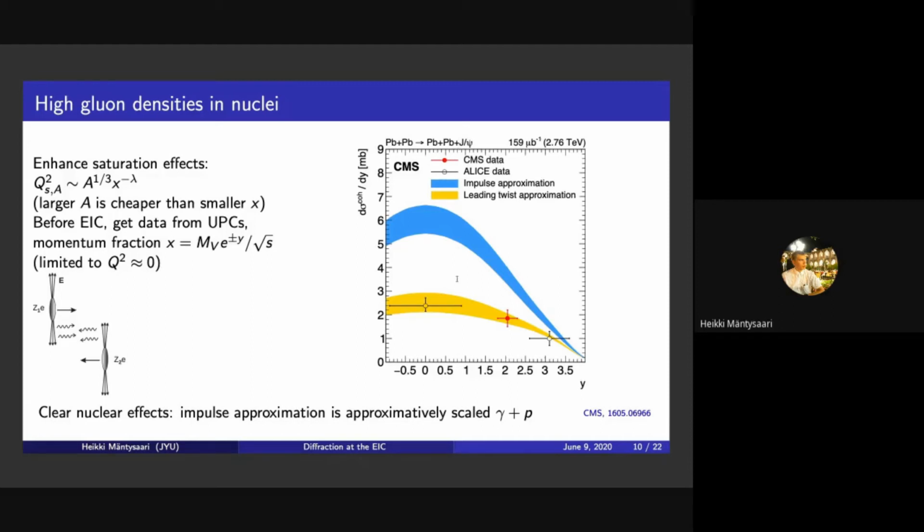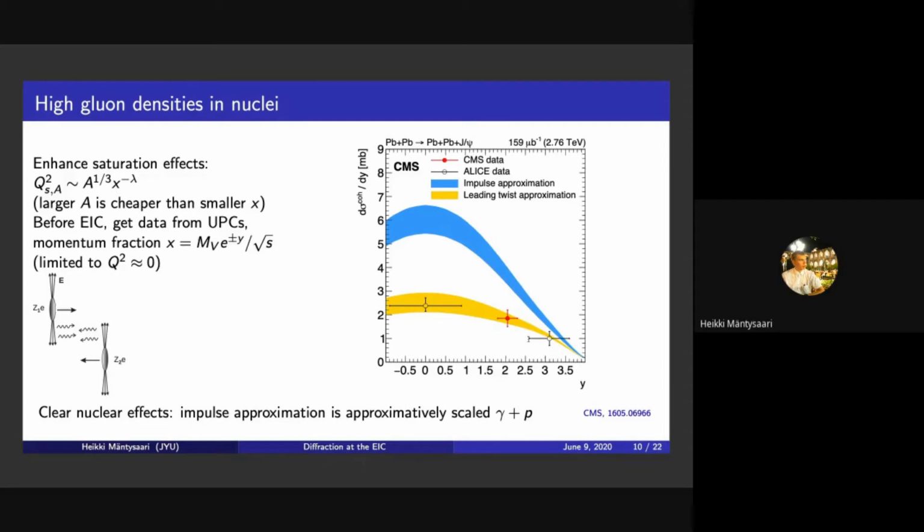The kinematics is such that if you measure the J/psi produced at different rapidities, you are probing different Bjorken x values. This is one of the first measurements by the CMS collaboration in such collisions. The data points are shown here.